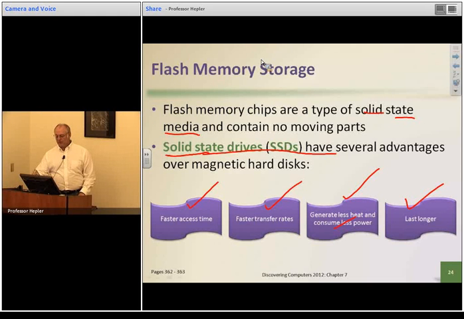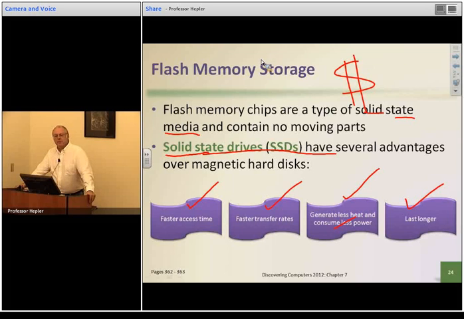The downside is this. Right now, to get the same amount of storage, I think on this computer I had 0.5 terabyte or 500 gig, something like that. Well, to get that much in flash memory would be incredibly expensive. The cost of my laptop would go through the roof.